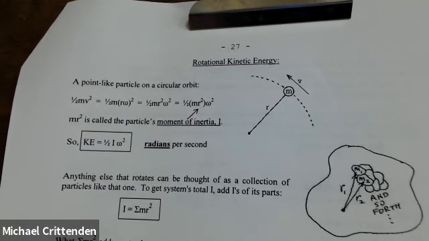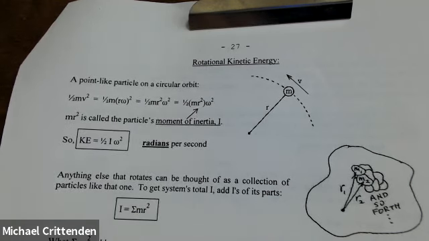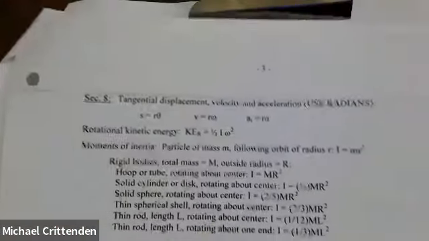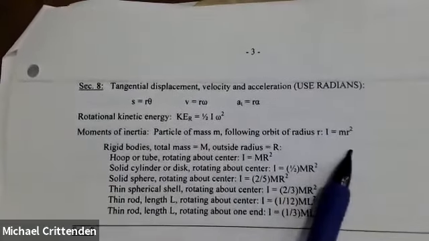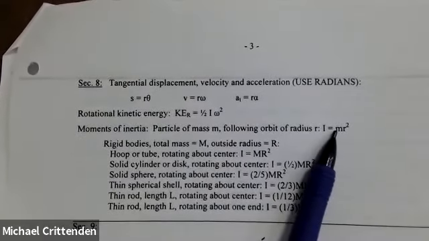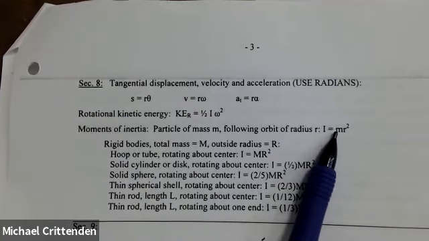What that adds up to depends on the object's shape, okay? Well, I've got the formula sheet right here. Section 8. If you have a point-like particle, I is equal to mr squared.